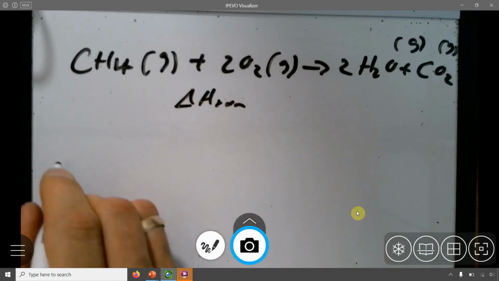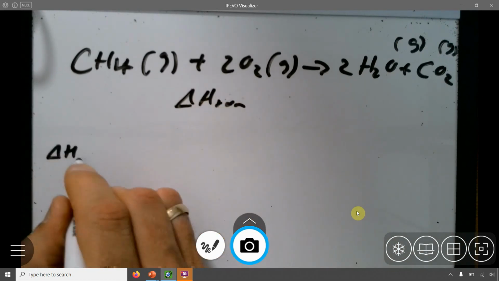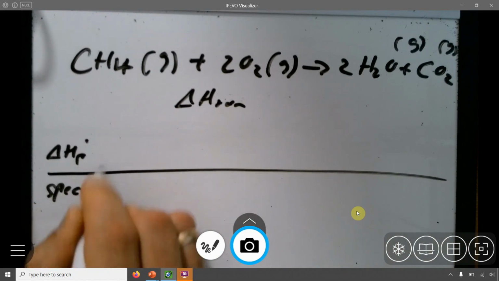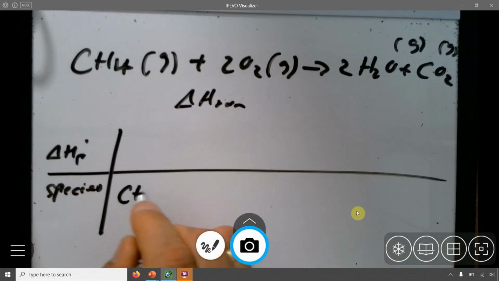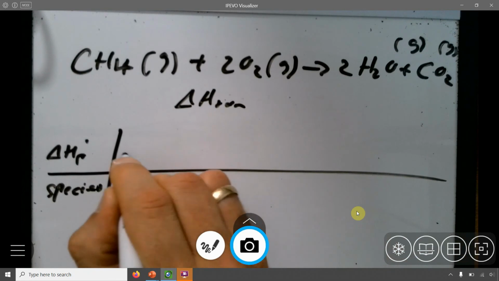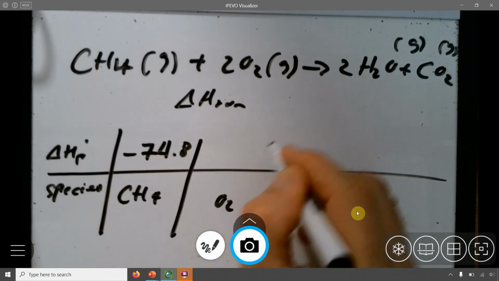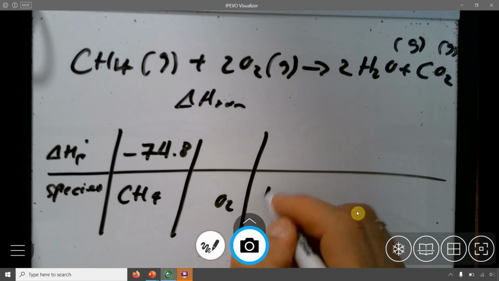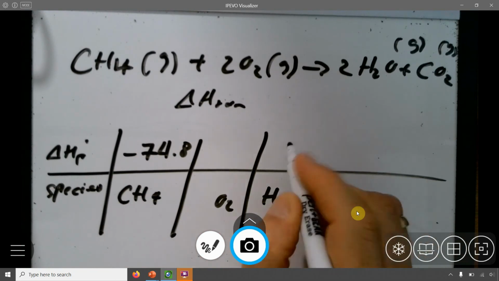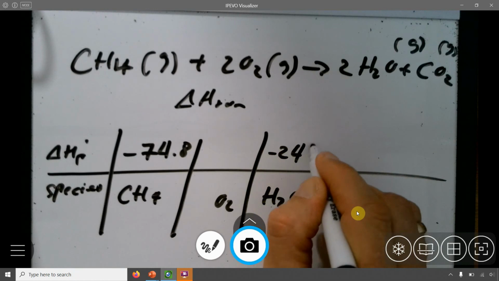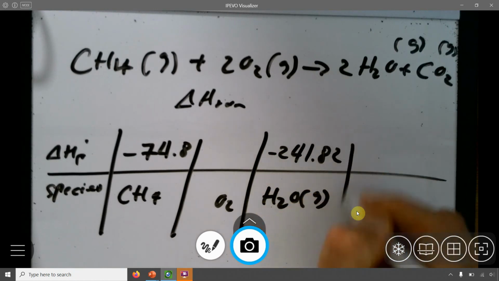I might give you again the delta H of formation for each one of the species. I can have CH4, and this is negative 74.8. Let's say I don't give you O2. And I have water gas. You'll see it's not the same as the one before because this is gas. Before, the number I gave you was for liquid water.